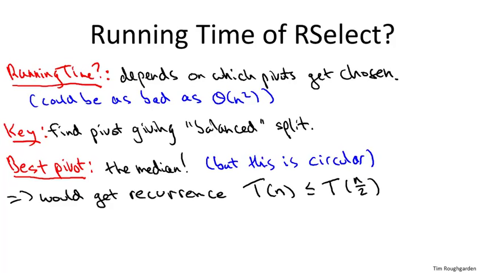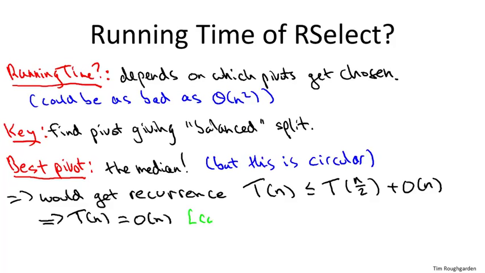In the magical case where our pivots are always equal to the median, both subproblem sizes are only half as large as the original one. So when we recurse, it's on a problem size guaranteed to be at most n over 2. And then outside of the recursive call, pretty much all we do is a partitioning invocation, and we know that's linear time. So the recurrence we get is T of n is at most T of n over 2 plus big O of n.